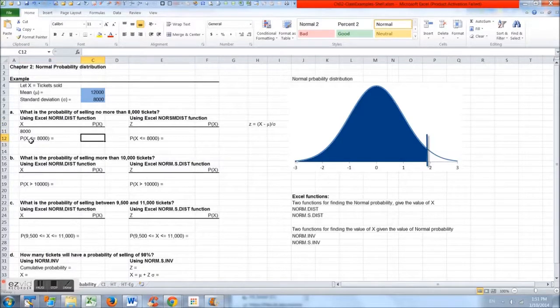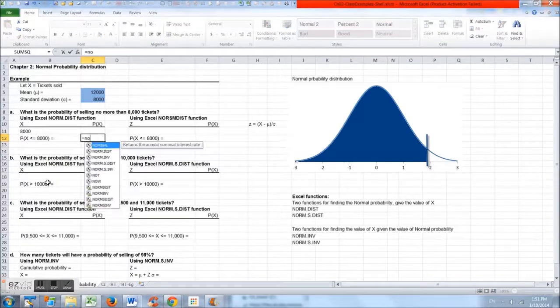Then the probability that x is less than or equal to 8,000 is given by the norm.dist function. So let's type equal to norm.dist. Here are the values that we have to provide to the function. The first value is x, which is 8,000.